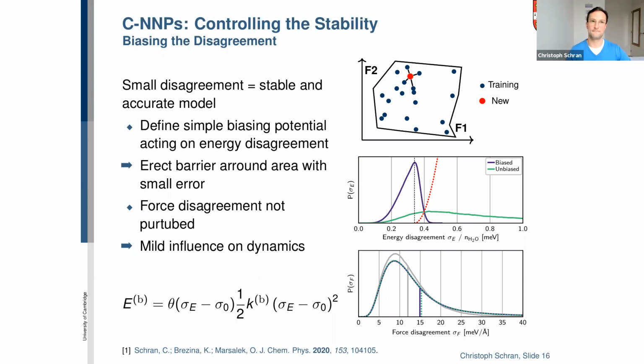I mean, this is essentially leading to the biasing. You can shift it to a given disagreement level. So you can still allow for intermediate disagreements, which are the ones you want to include in your training set, and prevent these extreme cases of your system blowing up.